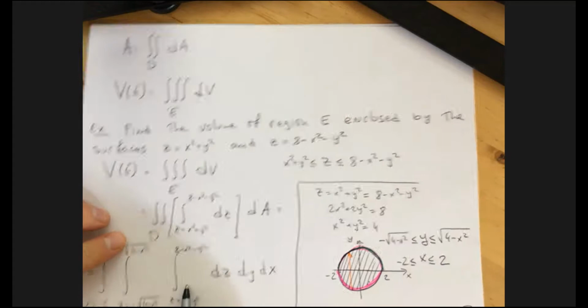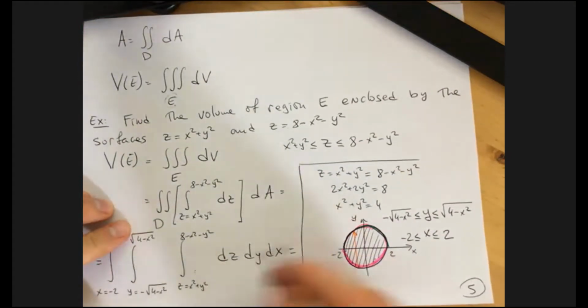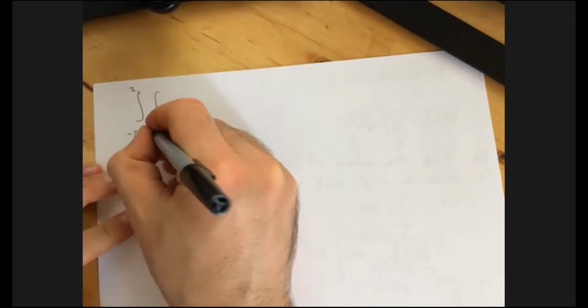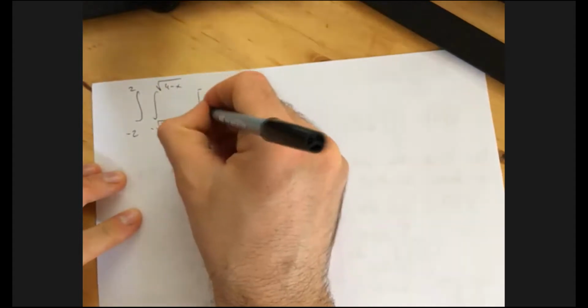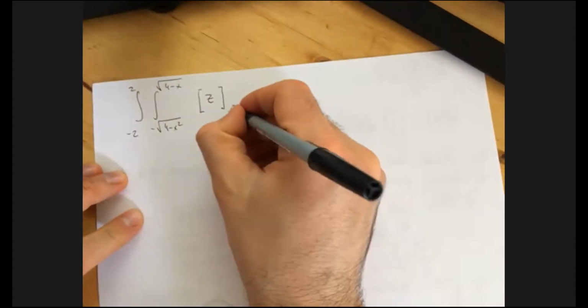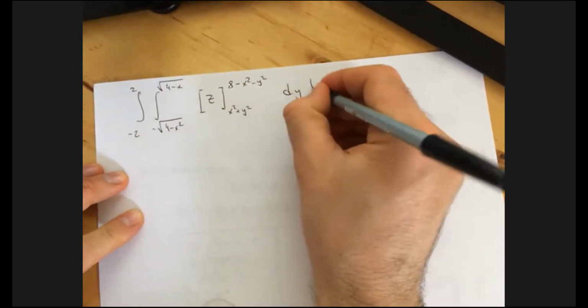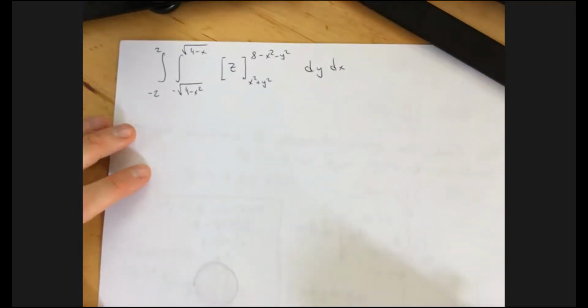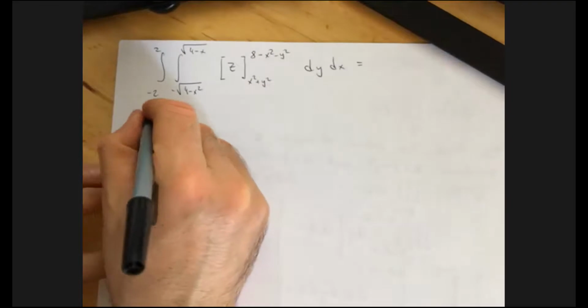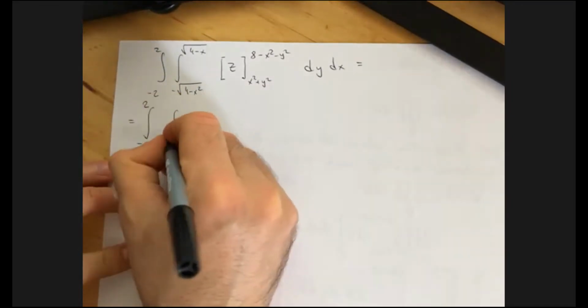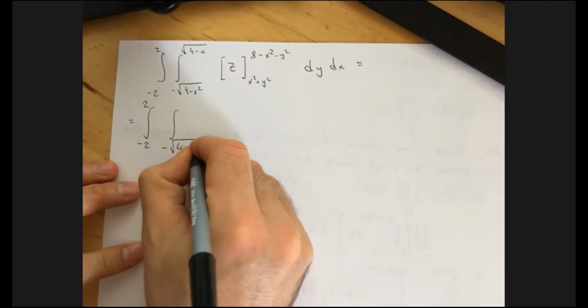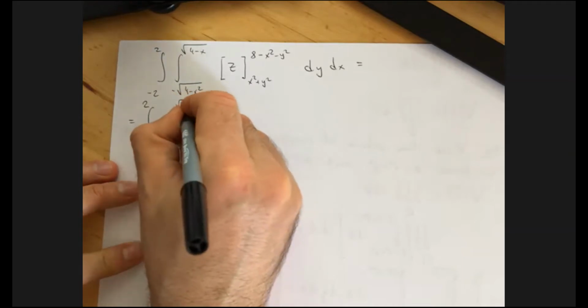So first integrate with respect to z. Integral of 1 is just z. So I have the double integral from -2 to 2 and from negative square root of 4 minus x squared to square root of 4 minus x squared times z, which is a value from x squared plus y squared all the way to 8 minus x squared minus y squared dy dx. Okay, so if you guys want, and if you're not already doing that, please evaluate this integral with me simultaneously and check my lines.